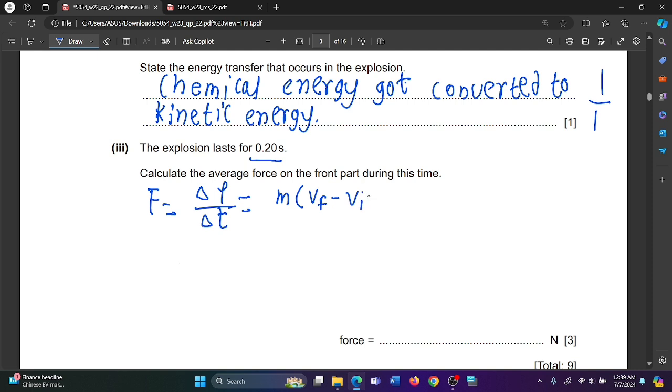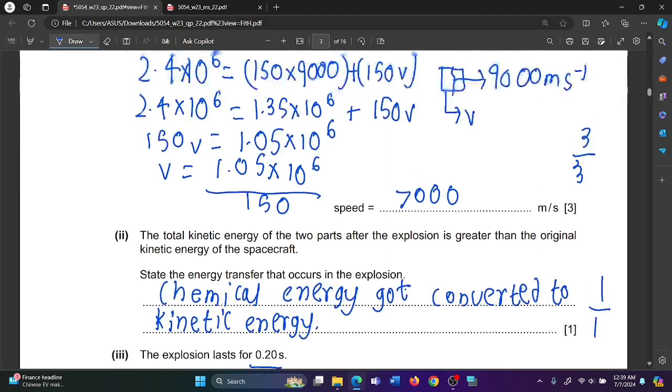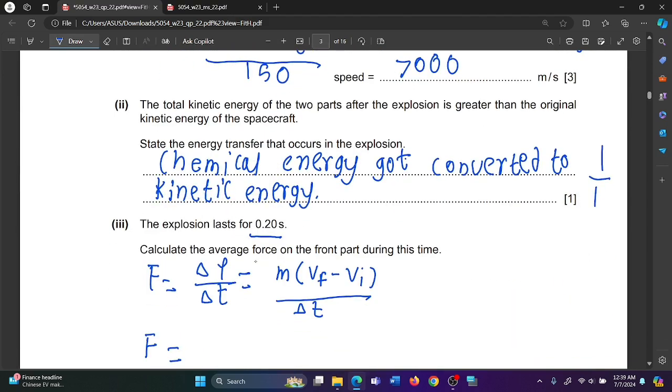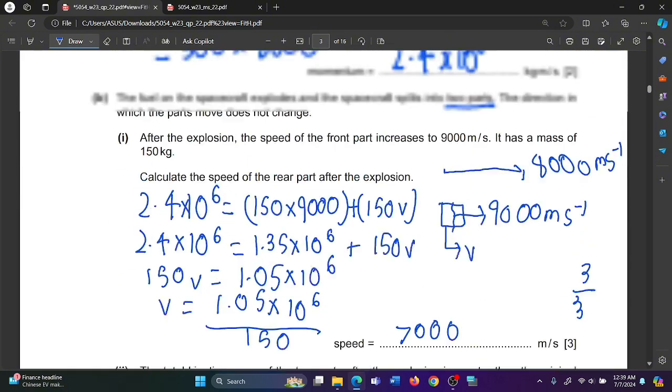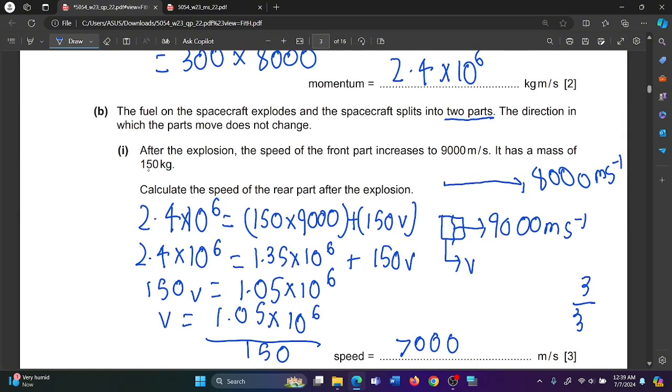By vf I mean velocity final minus velocity initial, by delta t. So let's find out the force. We know the mass of the front. Yes, we are told to find the average force on the front part, not the rear part. So let's see what's the mass of the front part. The mass of the front part is 150 kg.